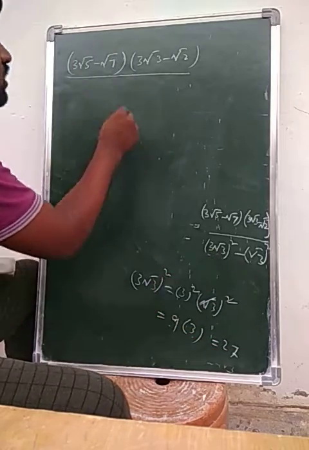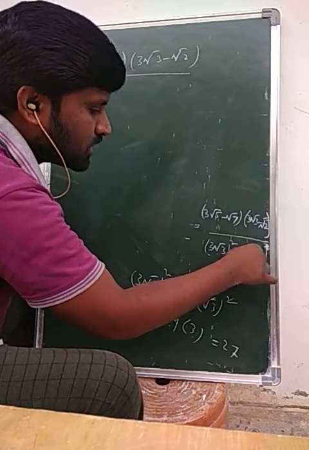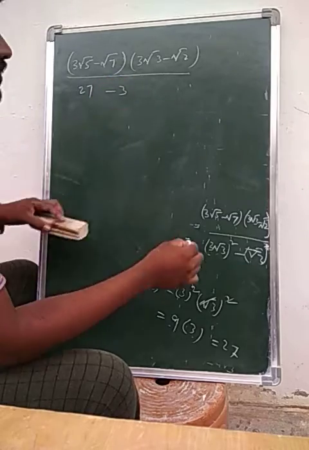So (3 root 3) whole square means we get 27. Here the square root cancels, so we get 3.